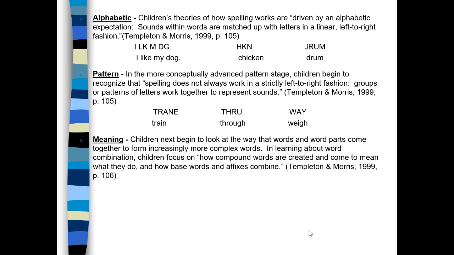And then meaning is where kids start to look at parts of words and identify that those parts have their own meaning and then can define what words mean. Here, children focus on how compound words are created and come to mean what they do, and how base words and affixes combine.